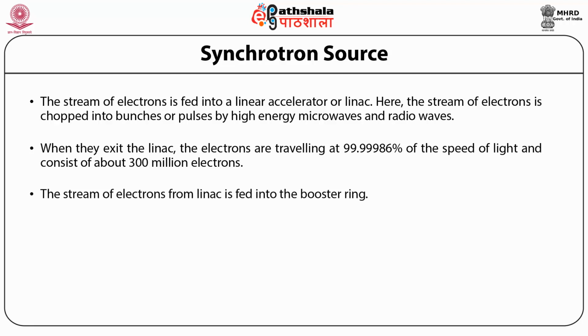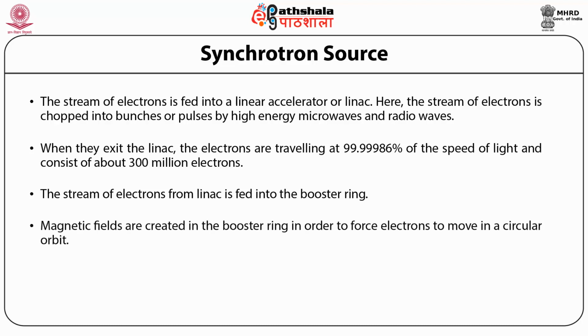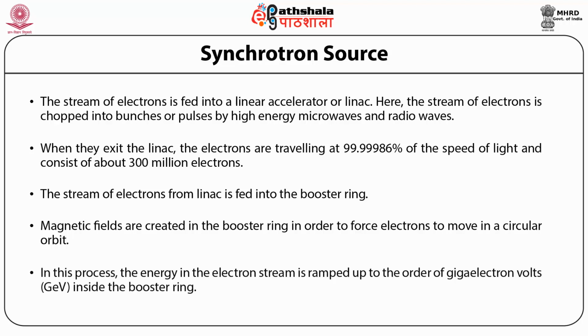The stream of electrons from the LINAC is fed into the booster ring. Magnetic fields are created in the booster ring in order to force electrons to move in a circular orbit. In this process, the energy in the electron stream is ramped up to the order of giga electron volts, that is GeV, inside the booster ring.